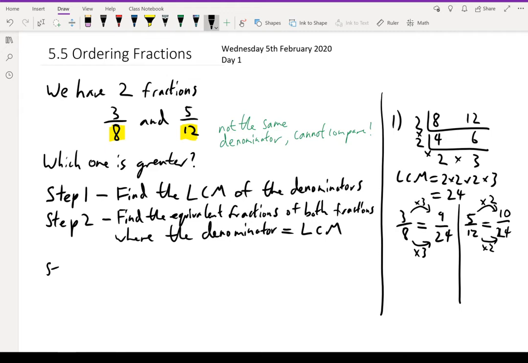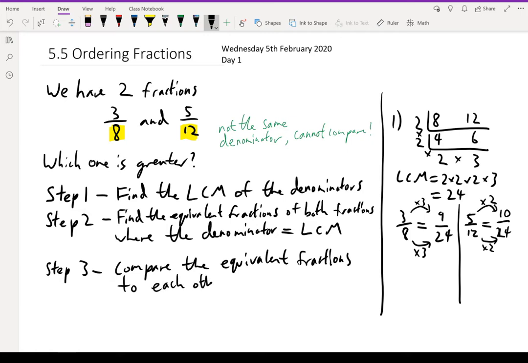And then finally, in step 3, now that our fractions have a common denominator, we can compare the equivalent fractions to each other.